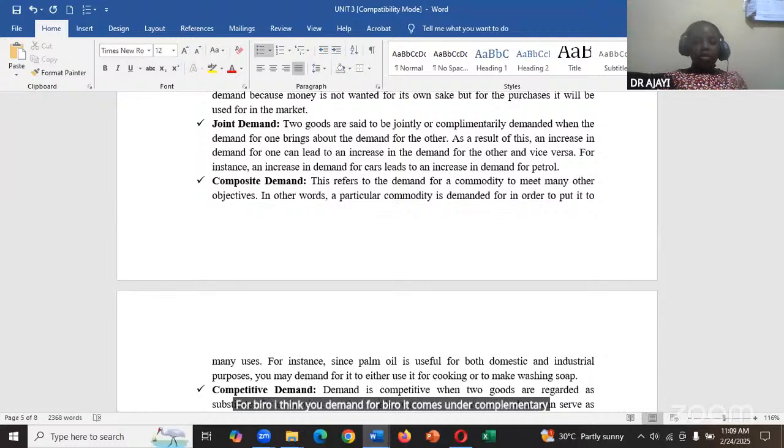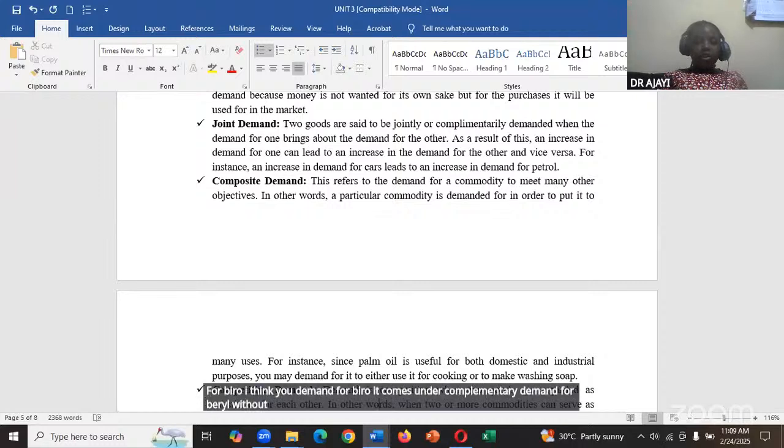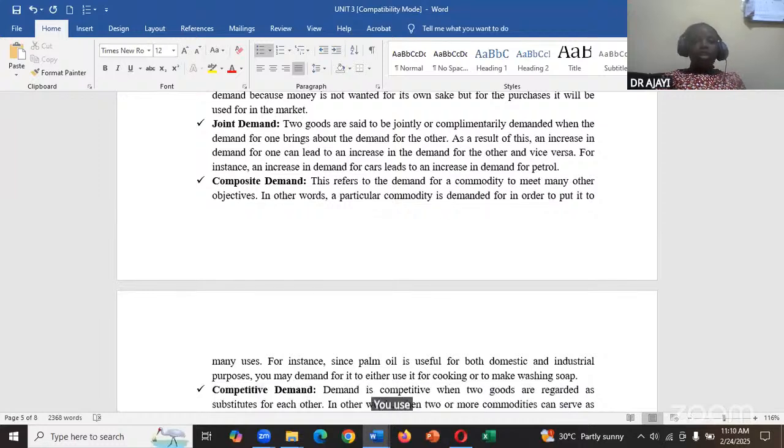Demand for biro without demanding for ink, it comes with it anyway. But whatever you need to explain, it is to justify the fact that whatever you are demanding, you can't eat money itself. You use something to buy, to get some other things. That's what derived demand is. But for biro, it comes under joint.